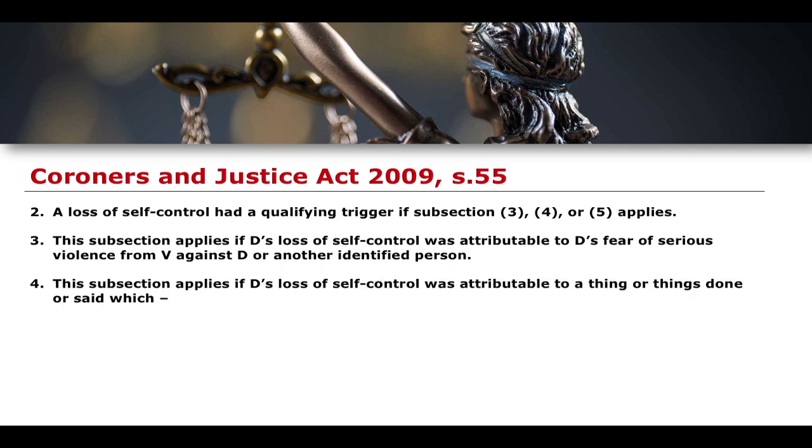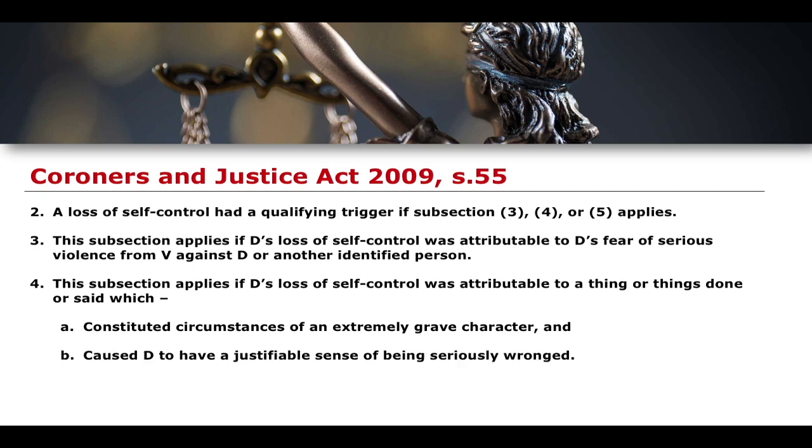Subsection 4 says that this subsection applies if the defendant's loss of control was attributable to a thing or things done or said which constituted circumstances of an extremely grave character and caused the defendant to have a justifiable sense of being seriously wronged. Very, very vague.